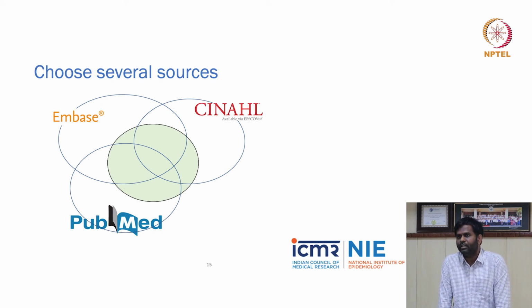You can also see there is a small part which is not covered by even all three databases, which gets missed. Some of the articles, for example gray literature, get missed from these searches. So if we want to include all the relevant information pertaining to our research question, we should try to choose several sources so that we comprehensively look for whatever evidence is currently available.